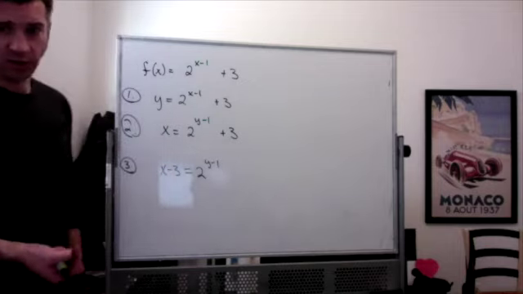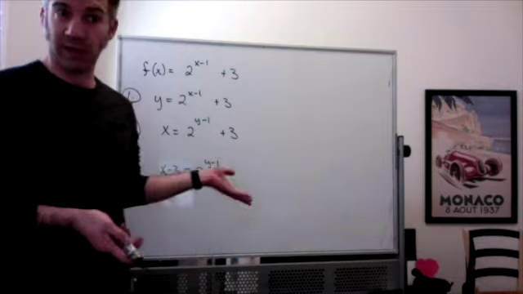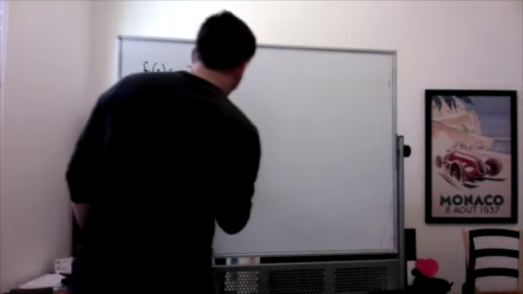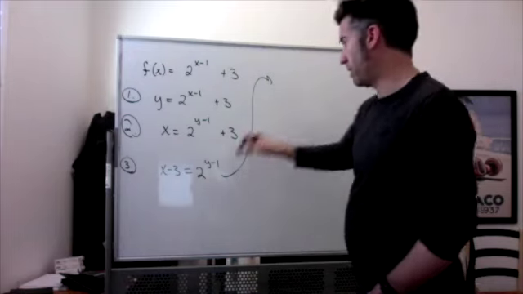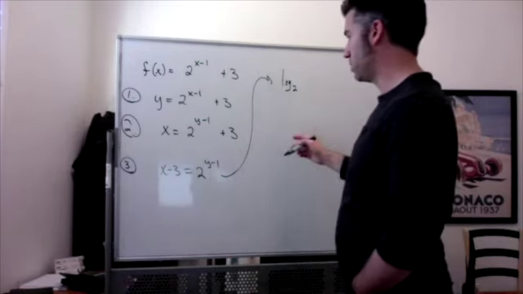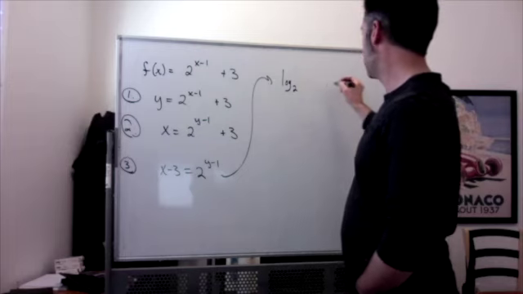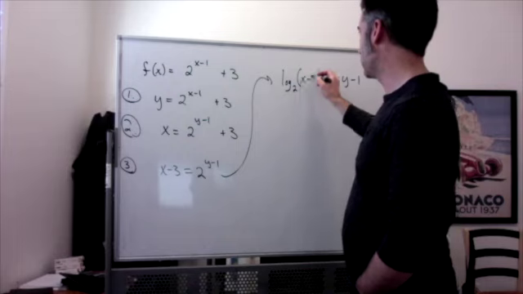And you actually do have a choice here. You could rewrite it as a logarithmic equation with log base 2. There's definitely one option. You could say, oh, my base is 2, I'm saying 2 to some power is equal to x minus 3.